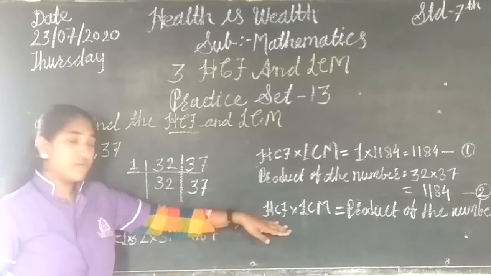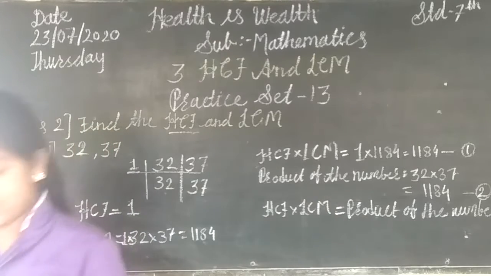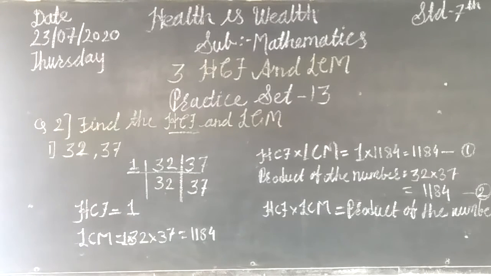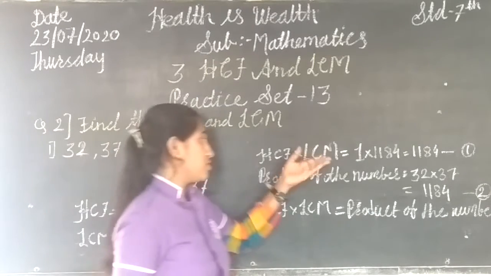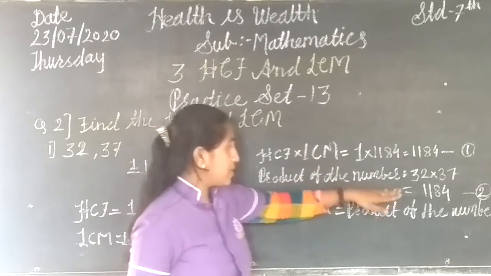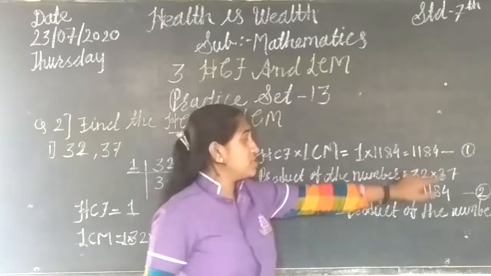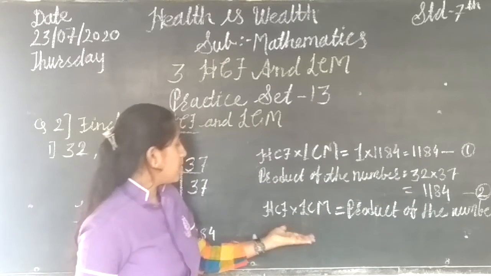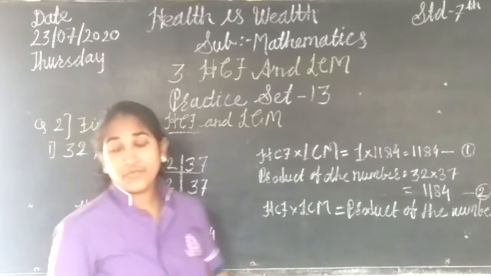That we have to write as our final answer. Now try to understand all these steps. First we find the common factor, then HCF and LCM, then the product of HCF and LCM, then the product of the numbers. We give the equations as 1 and 2, and from equations 1 and 2 our answers are equal. We have to follow these steps.